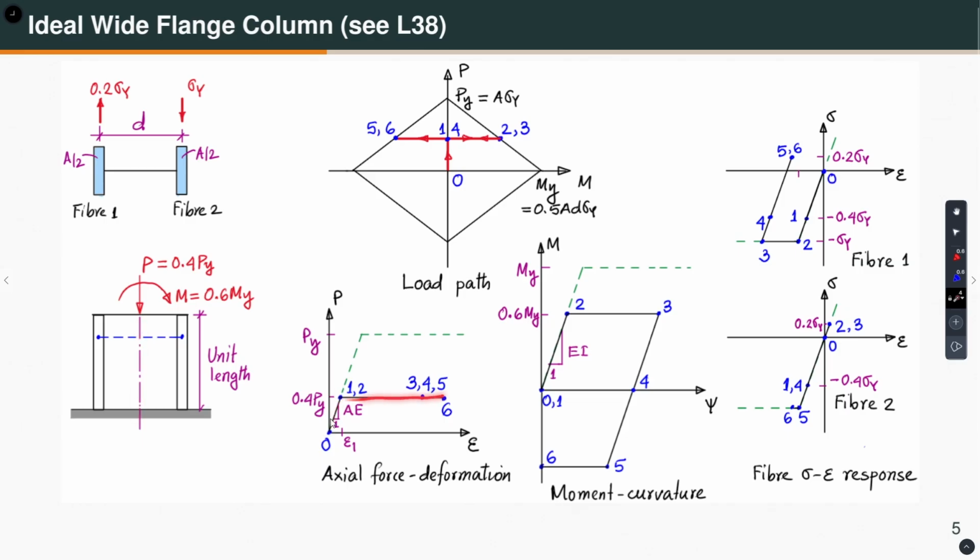And what you see is that when I apply this cyclic bending, then from point 0 to 6, there is an accumulation of plastic deformation, which in this case is axial shortening. So, we are in this direction, and this is my compression axis. So, the axial deformation is also compression, and it accumulates. Let us keep that in mind. And we also concluded that if you cycle many times, the axial deformation can be substantial.